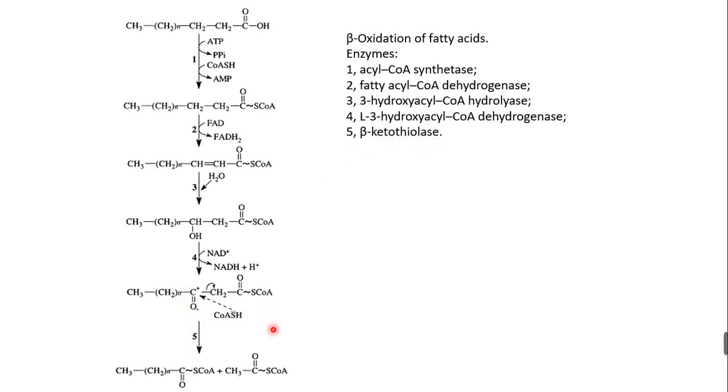Beta ketothiolase means the beta carbon is involved in the degradation, that is, the bond between the beta carbon and the third carbon will be broken. That is completely cleaved by the enzyme, which is called ketothiolase. Thiolase means a thiol bond cleaving enzyme.